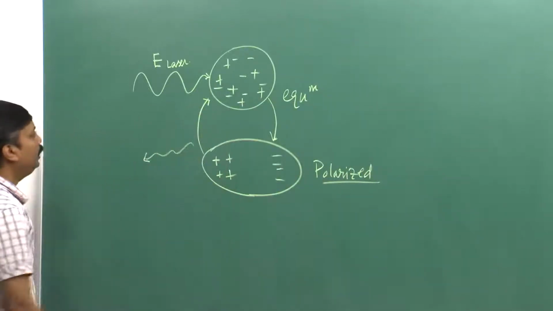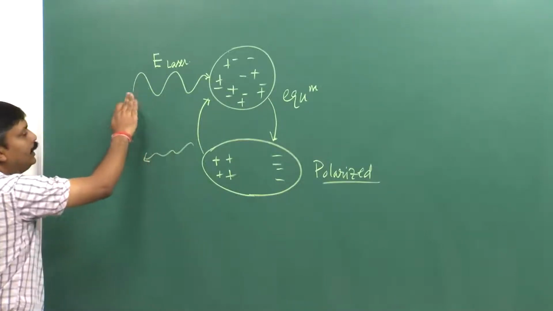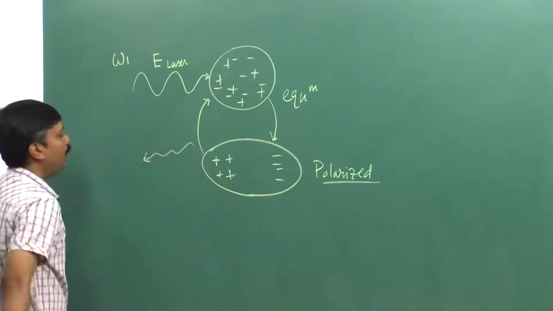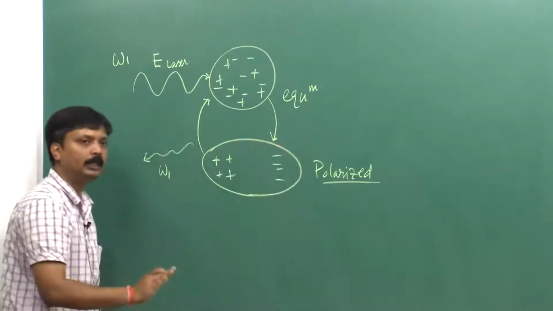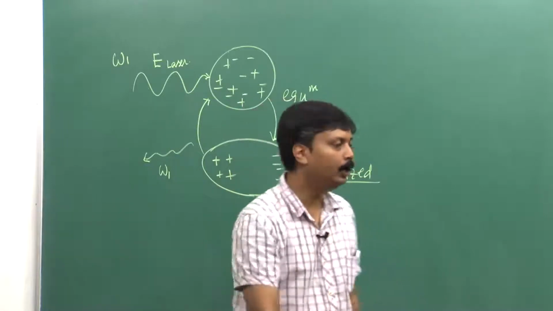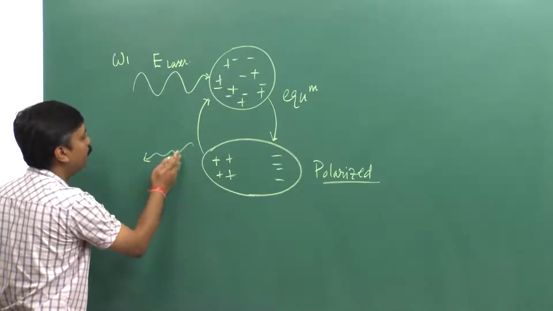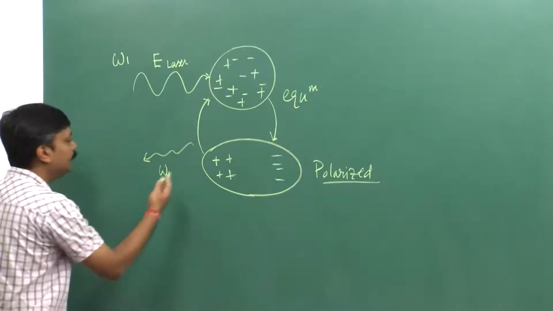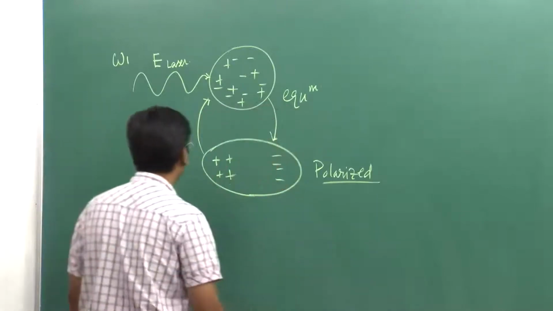Now, if I send in light of frequency, say, omega 1, and if the distortion is not too much, that is, the movement of the electrons from their equilibrium position is not too far, then I am going to have omega 1 back in terms of scattering, and this is a linear scattering, or Rayleigh scattering, that we are very much aware of.